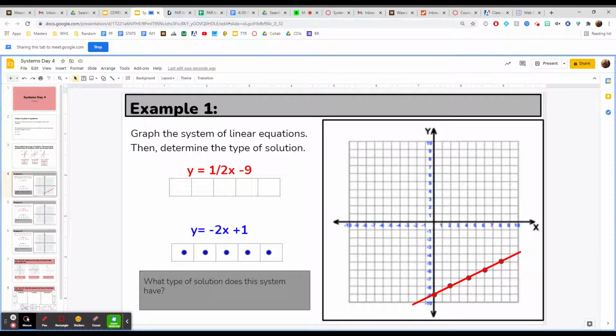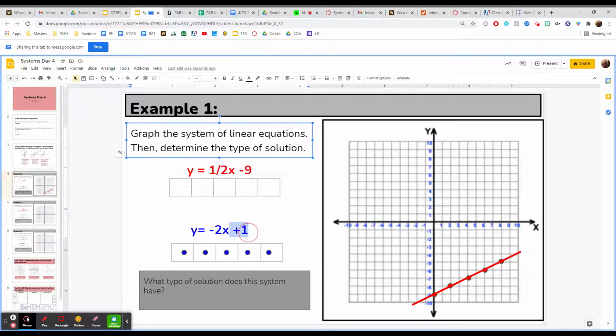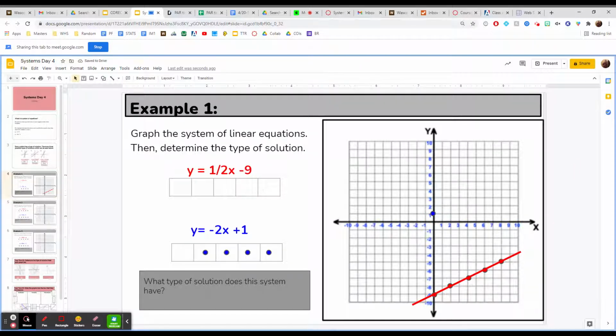Now I'm going to do the same thing with the second one. The first thing is we always identify what the y-intercept is. In this case it is 1. So I'm going to grab my point, go to y equals 1, and it's right there. Grab the second point, and my slope is -2/1.